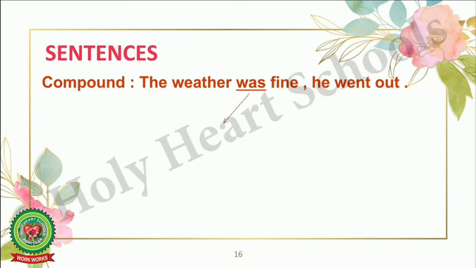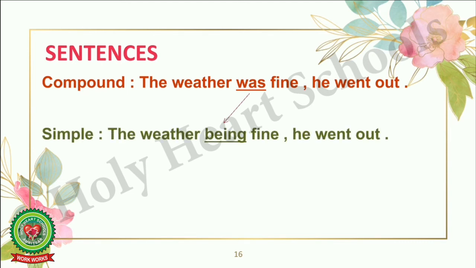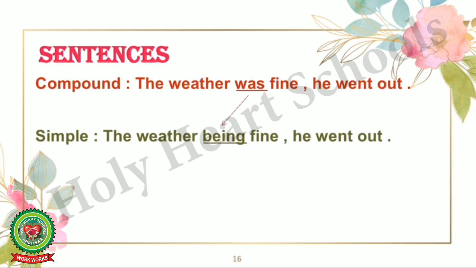Students, see here we are talking about two actions where one is happening after the other and two different subjects are given. So we will start with the first subject, that is the weather. So our answer will be the weather being fine, he went out. Here we have changed the word was into being.